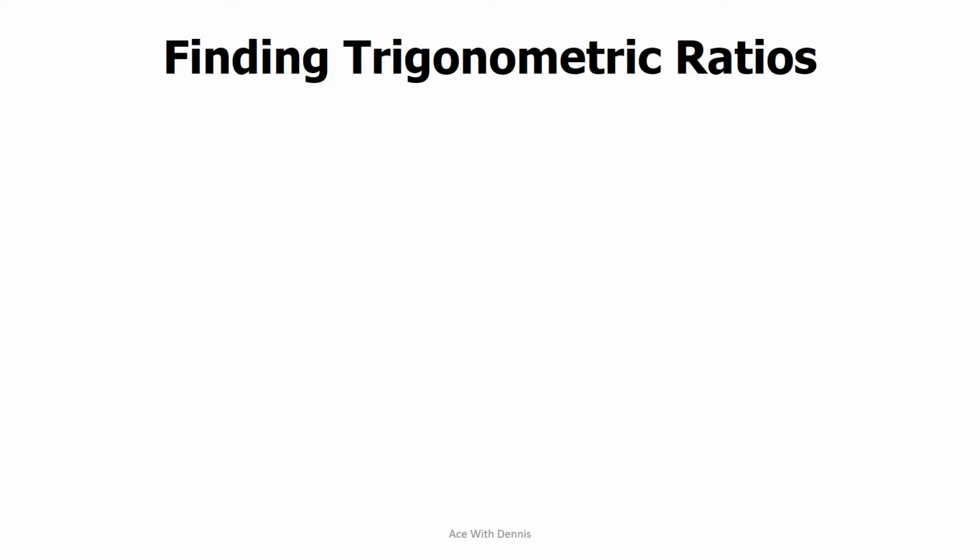After discussing all the formulas that you need to know, now let's talk about how we can apply those formulas to solve trigonometric questions. The first type of question is finding trigonometric ratios. Here is one example.